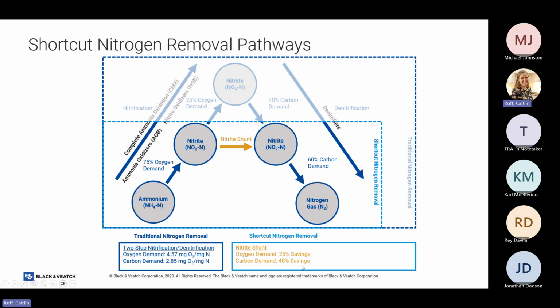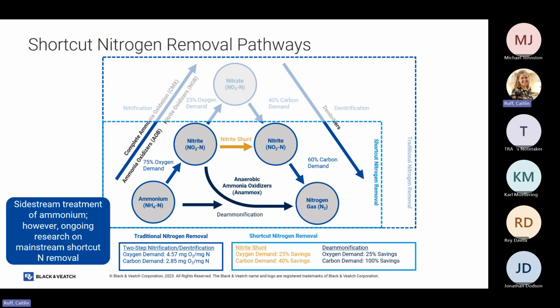What happens is we get an oxygen demand savings of 25% because we're not doing this process, and a carbon demand savings of 40% because we're not doing this process. So that's a pathway of interest with a lot of research around it.